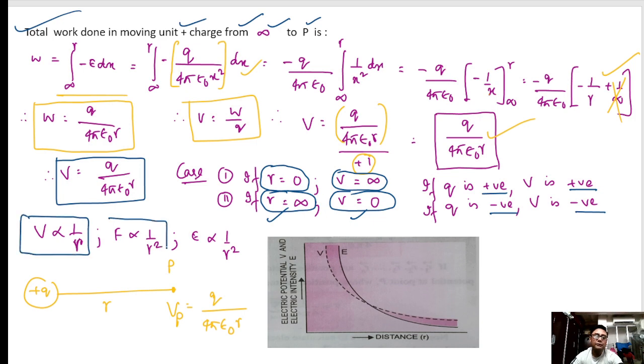This is the relation for the electrostatic force between two charges. This is the relation for the electric field. So the electric field and the electric forces vary as 1 by R square, and electric potential varies as 1 by R. So electric field and electric force change more fast.